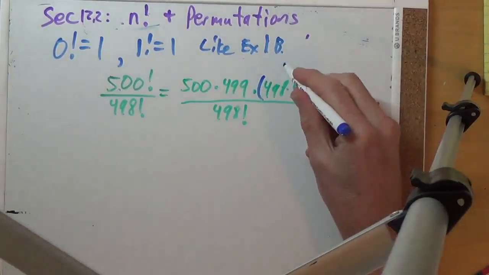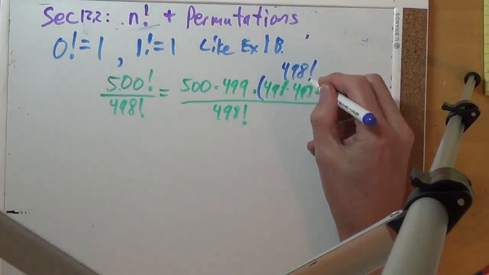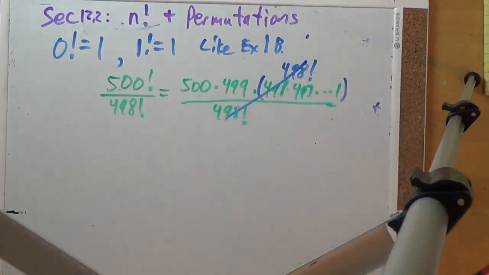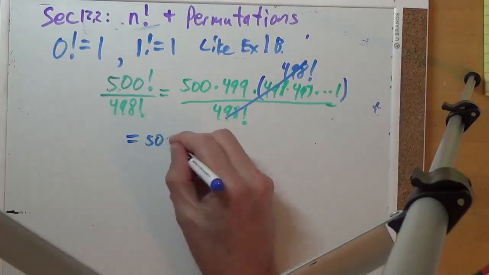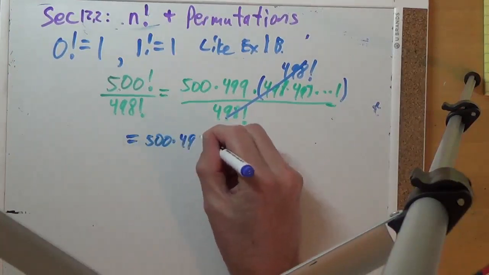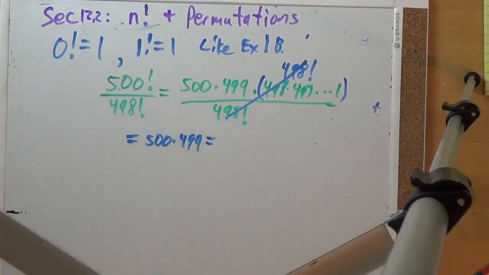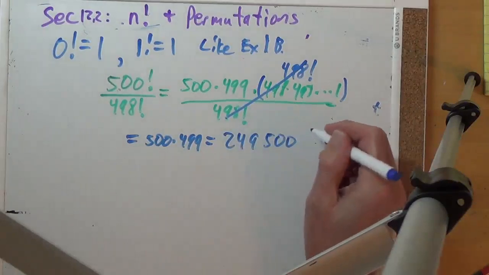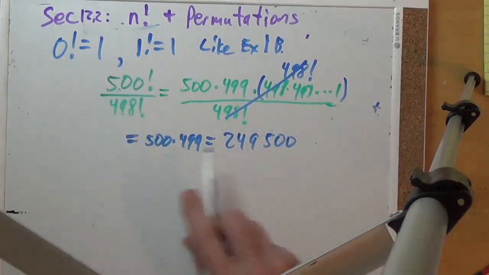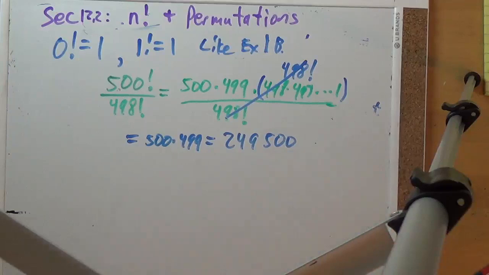By definition, that's 498 factorial. Those cancel because they're factors, so we get 500 times 499. And I guess I could do that. 249,500. So just imagine how big 500 factorial is if you're multiplying another string of numbers.